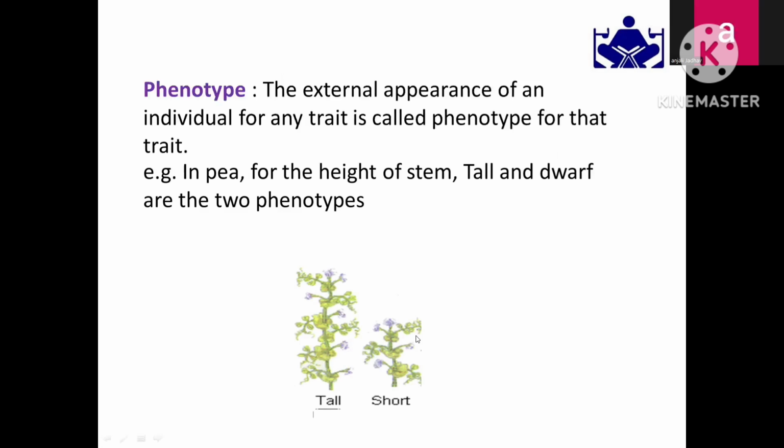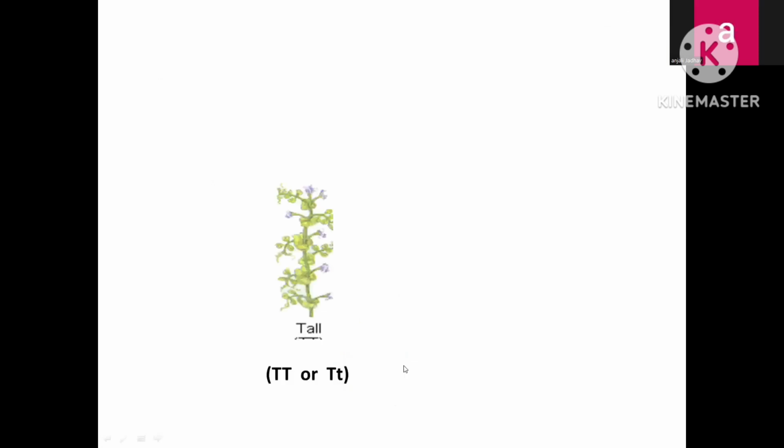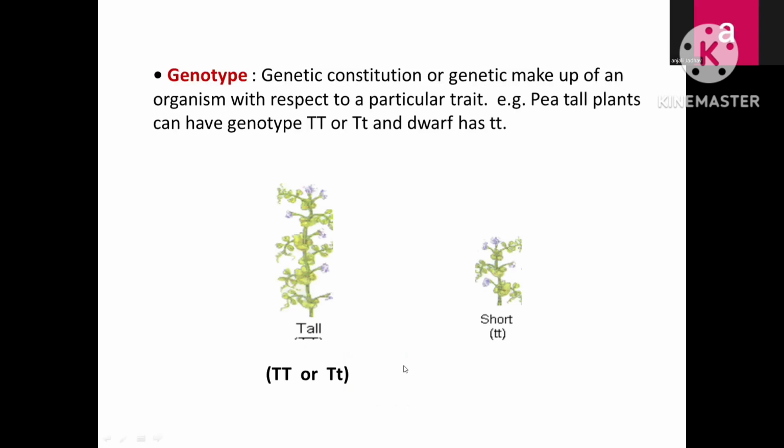But if the plant is tall, the plant may have gene capital T, capital T or capital T, small t. If the plant is short, the gene is small t, small t. We can't see the genes externally. So, the genetic constitution of an organism with respect to a particular trait is the genotype.